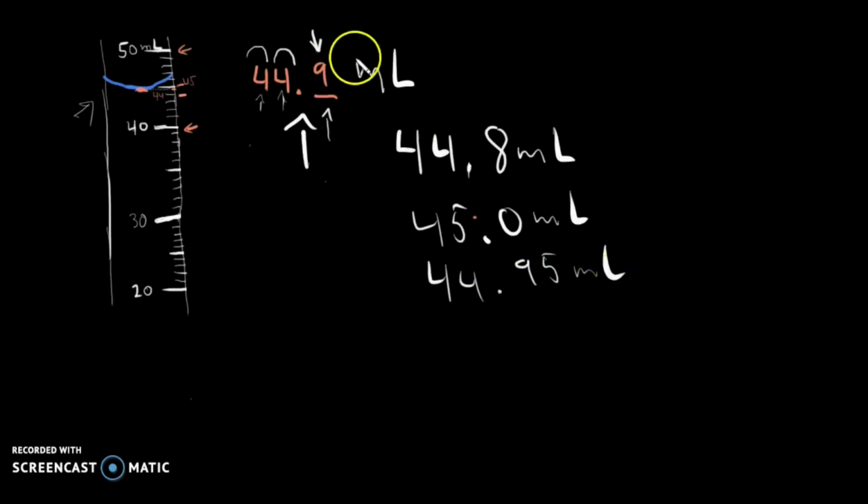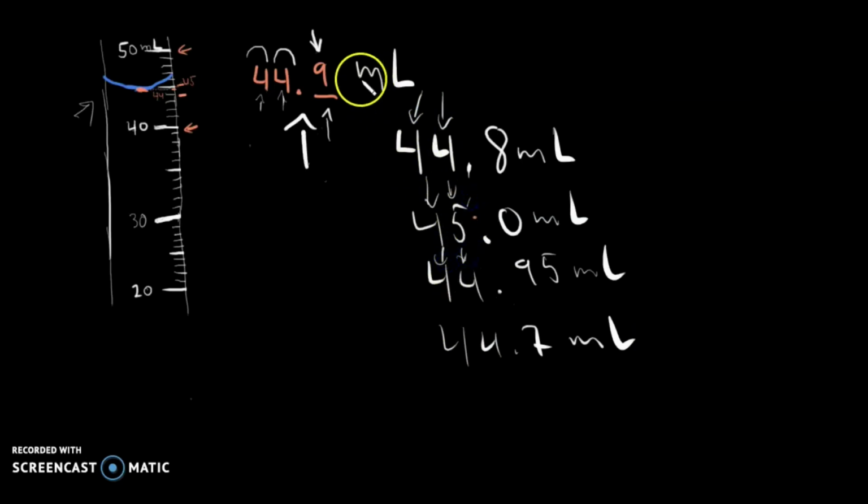It could be anywhere near this 44.9. Maybe it could be 44.7 as well. But we know that these two are for certain. In this case, this 45 is really close to 44.9, right? So it's almost for certain that this was a 4, maybe a 5, right? But what significant figures tell us is that the last digit that we have is the one that is going to vary.